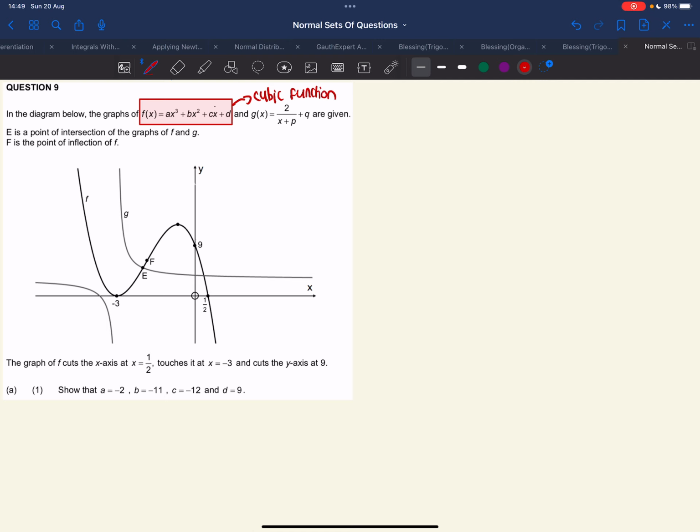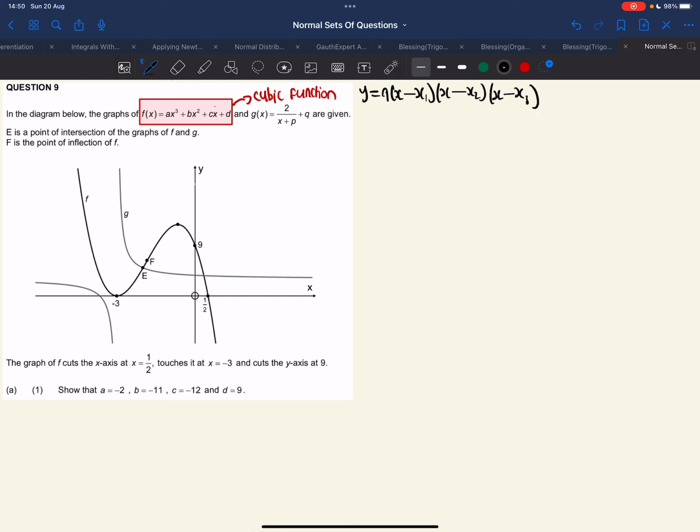All right, and then the method to try finding the equation of the cubic function, we are given as y equals a(x minus x1)(x minus x2)(x minus x3).